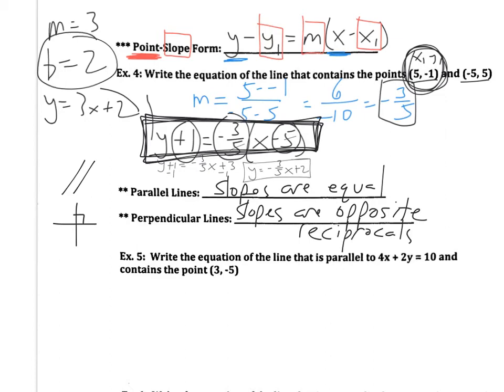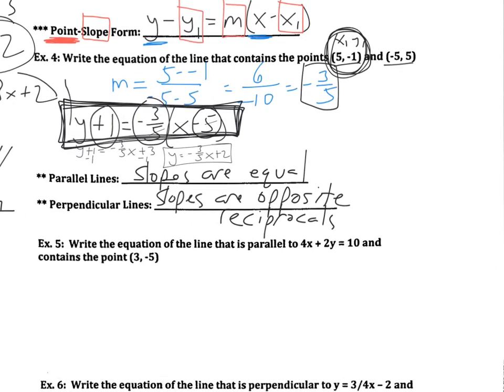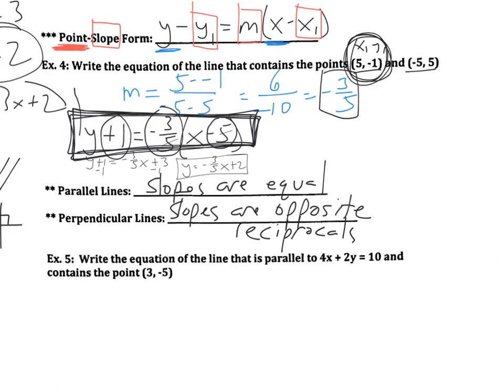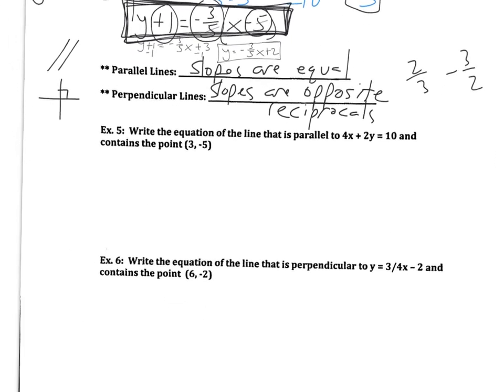That means if one line has a slope of, let's say, 2/3, the other one would have a slope of -3/2. So opposite means the sign changes, reciprocal means the fraction flips. So both things have to happen for lines to be perpendicular. And let's use those 2 pieces of information to answer the last 2 questions from the notes.